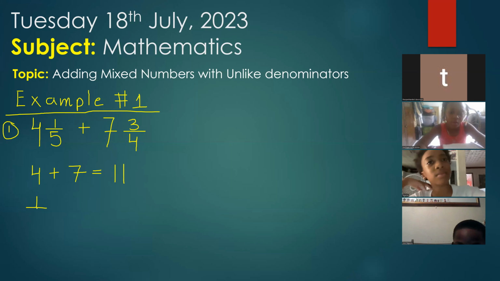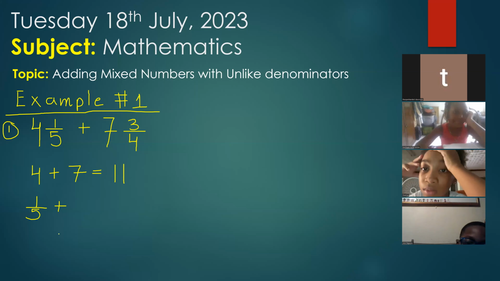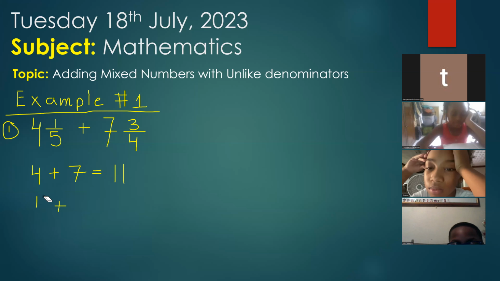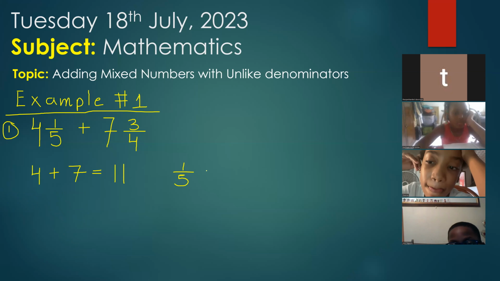So we have 1 over 5 plus 3 over 4. Maybe I should put it like this, because I don't have enough space.